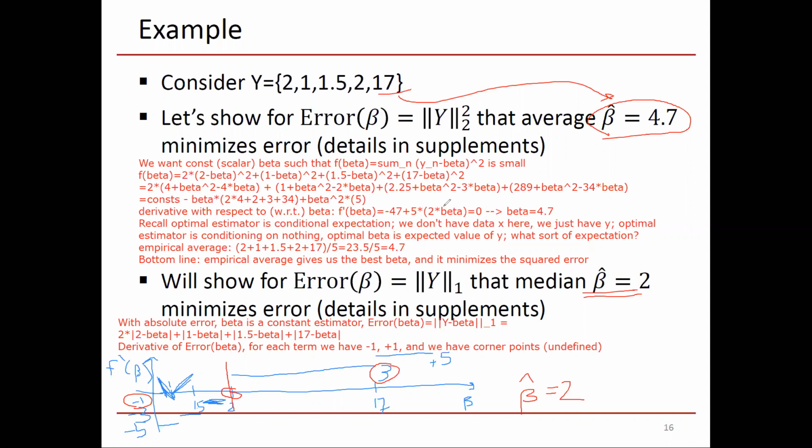It's in the range, at the edge of the range, 1 to 2. So bottom line, the median estimator is more robust to outliers. The 17 could be interpreted as an outlier. And overall, this is the advantage of optimizing for absolute error. All right, so that's it for these slides, and we'll continue next time.